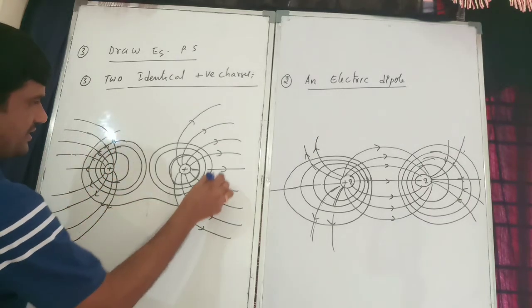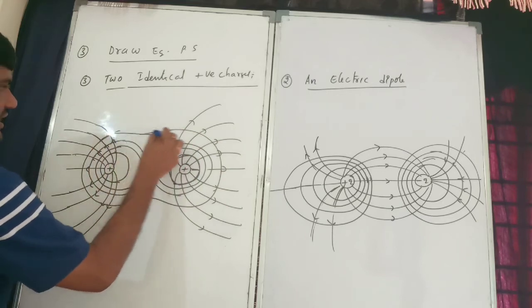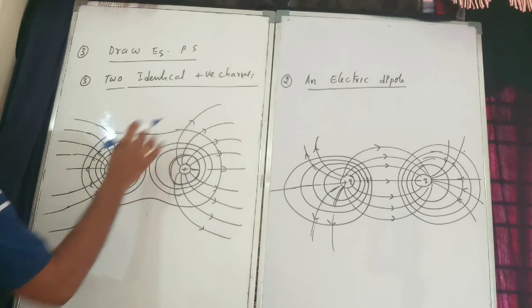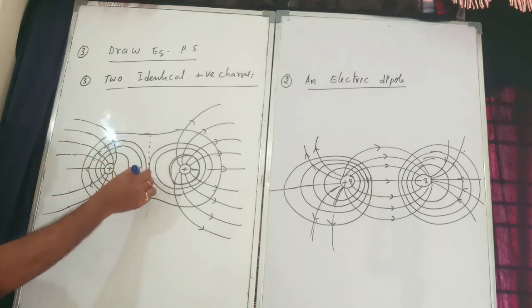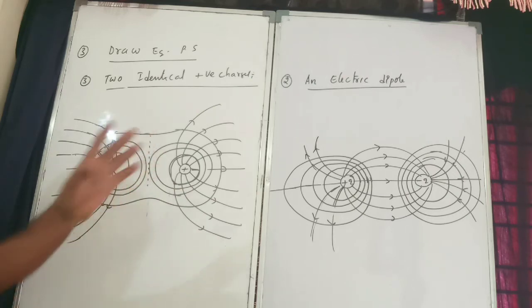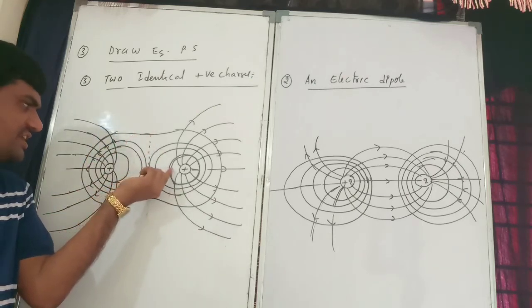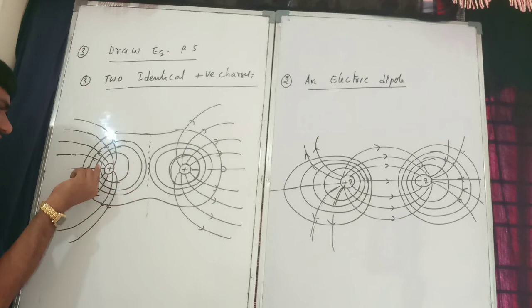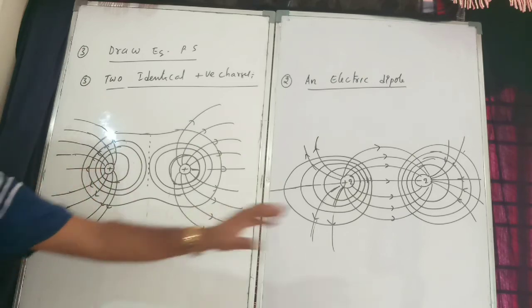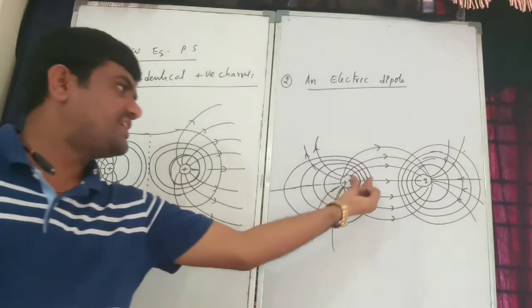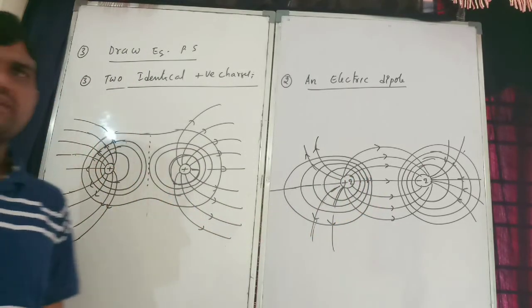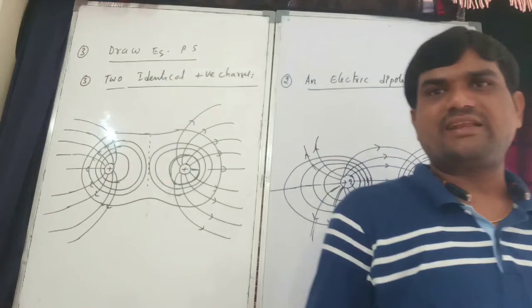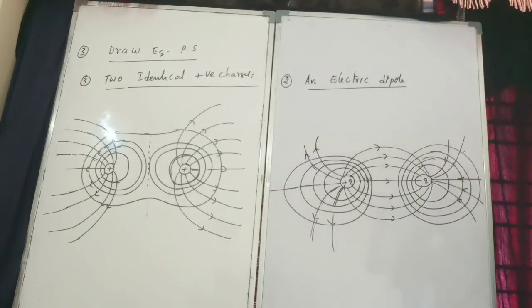Both are repelled. Here in the middle is the minimum. You can observe the density is minimum here and maximum there, and the opposite on the other side. Like that we can draw the diagram.